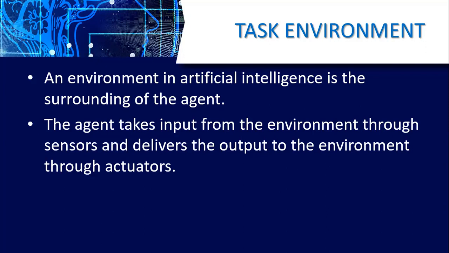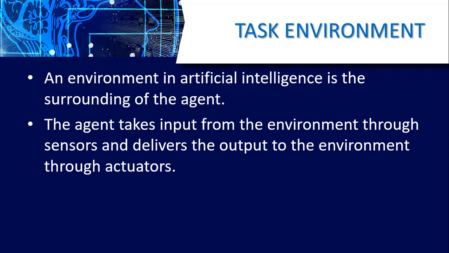So task environment is considered as the environment in artificial intelligence in which the agent is going to work. The agent takes the input from that environment through sensors, for example PIR sensors, camera sensors, scanner sensors.